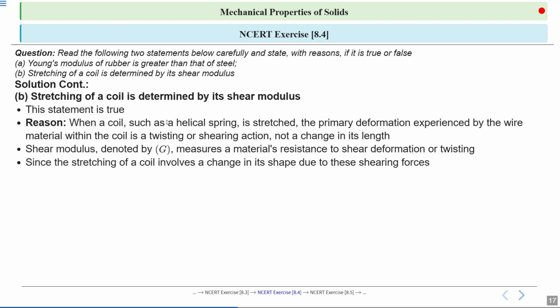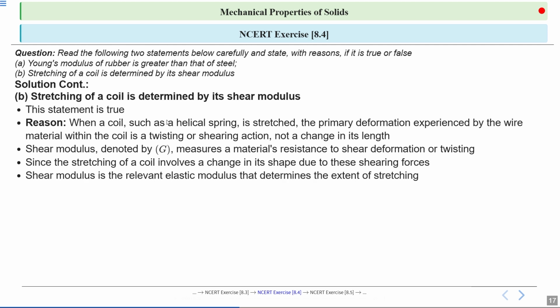Since the stretching of a coil involves a change in its shape due to these shearing forces, if you increase the shear modulus, the coil becomes harder to stretch. So shear modulus is the key elastic property that determines how much a coil will stretch under a given force.